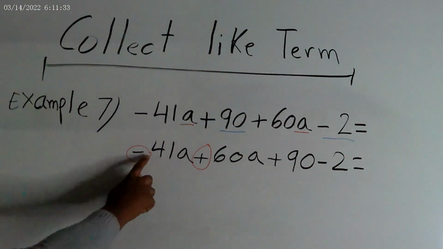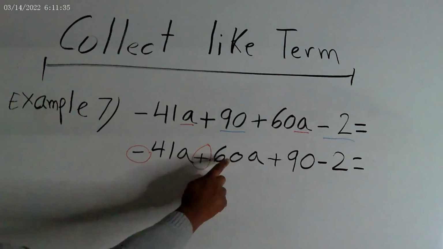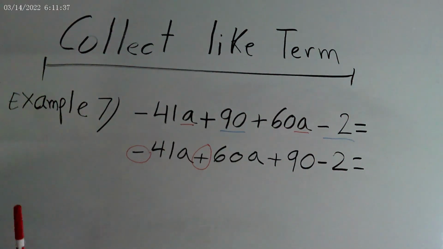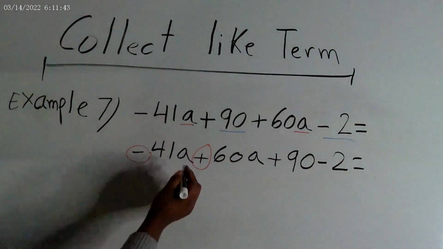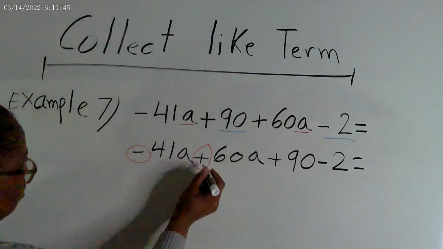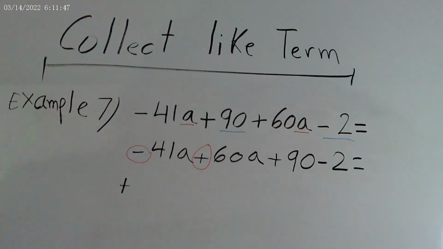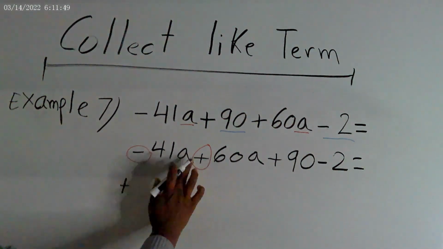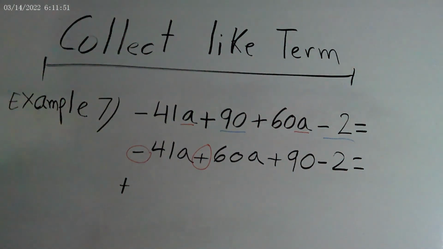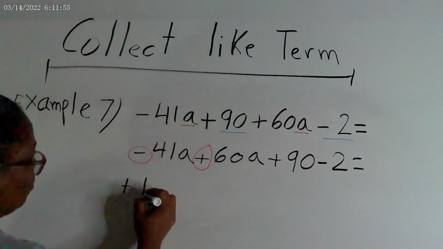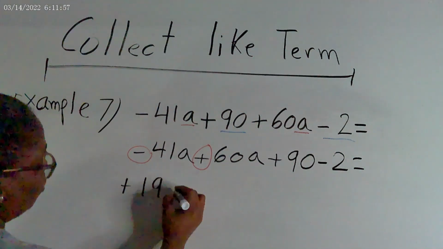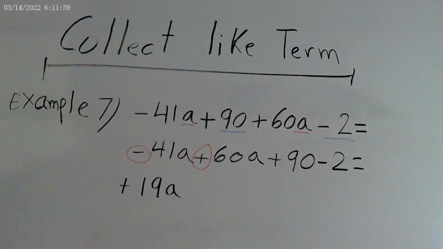Because you have minus 41a and plus 60a. The signs are different, you are doing subtraction, and you keep the sign of the biggest number, which is plus. 60 minus 41 gives you what? 19. And you keep the variable, which is a.